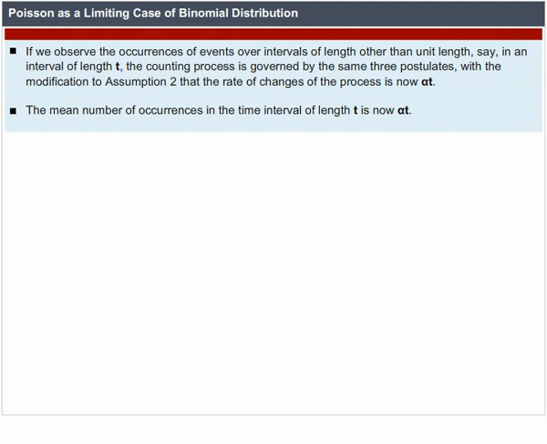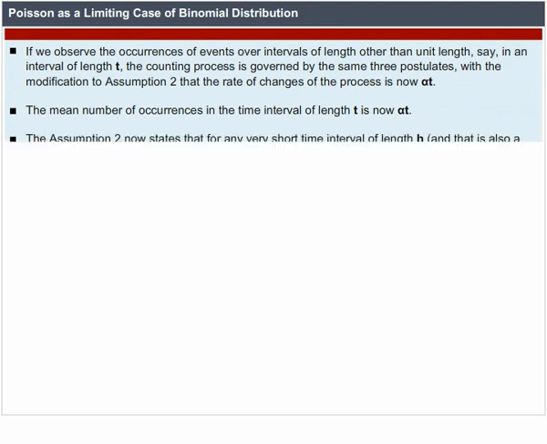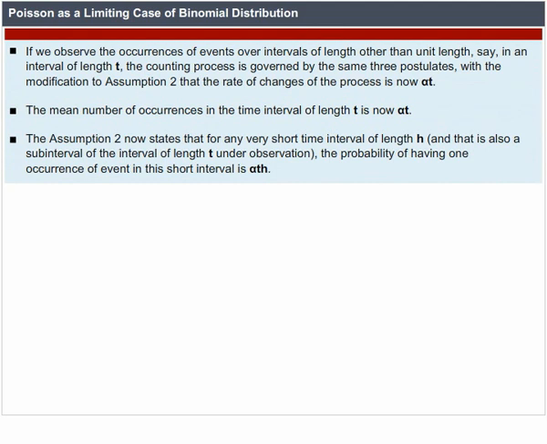The assumption 2 now states that for any very short time interval of length h, that is also a sub-interval of the interval of length t under observation, the probability of having one occurrence of event in the short interval is alpha t h.